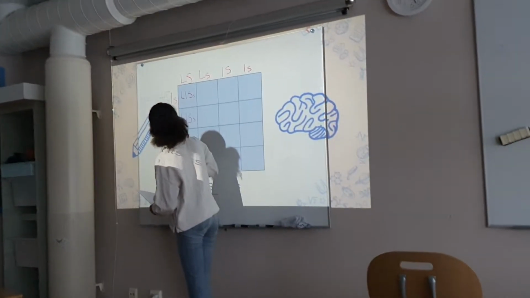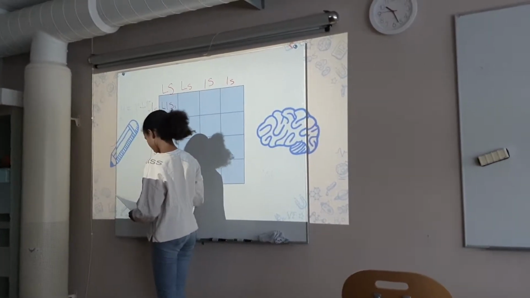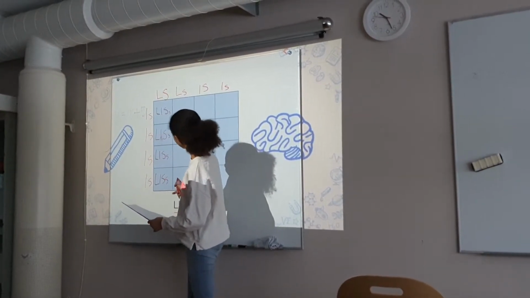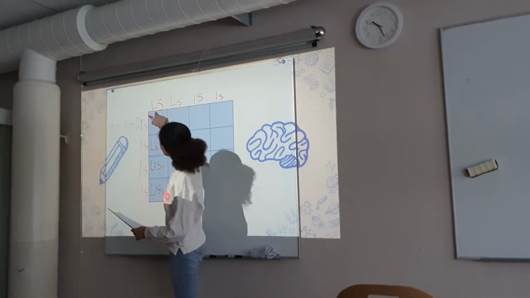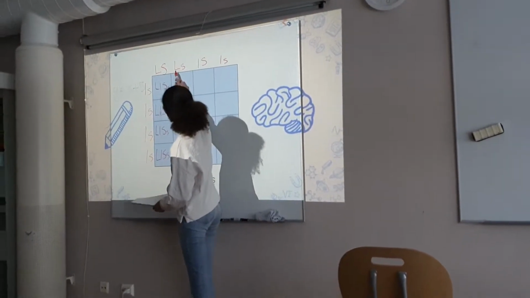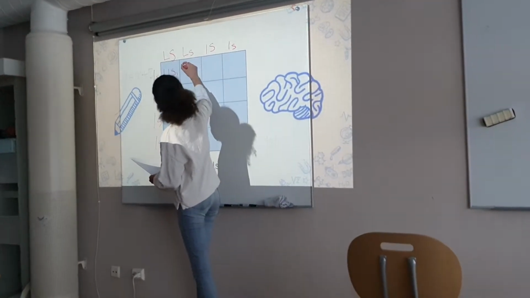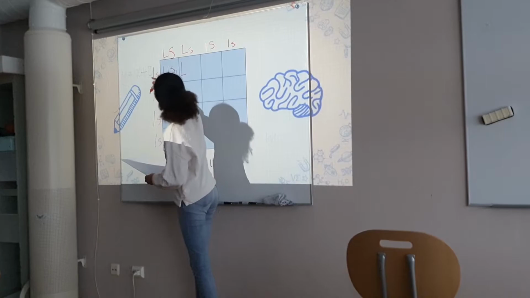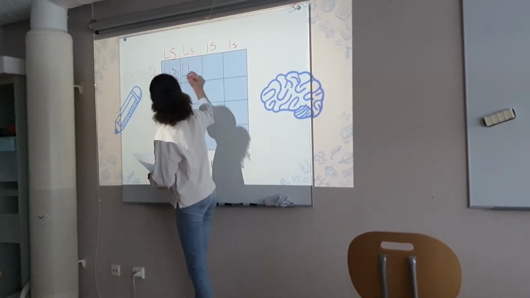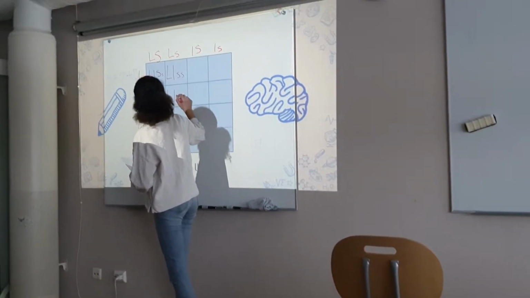L, S. L, S. So that's how the first row looks if you cross capital L, capital S with small l, small s. Now, if you cross capital L, small s with small l, small s, then we'll have capital L from there, small l from there, and then two small s's next to each other. And then the same thing goes through the whole row.